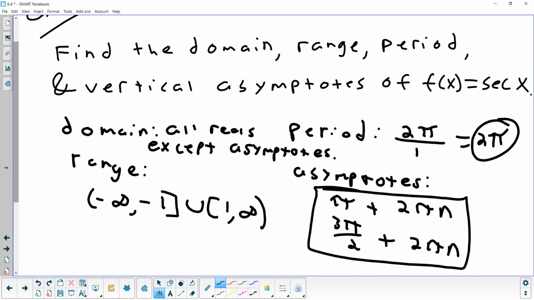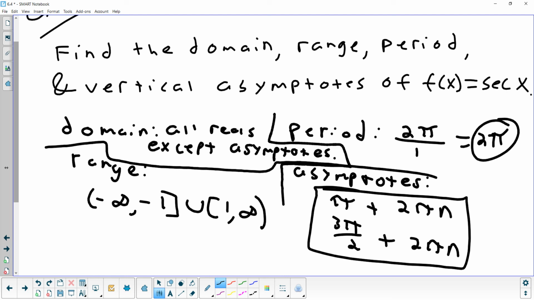It's the same thing. So: domain, range, period, and asymptotes. Any questions on that?